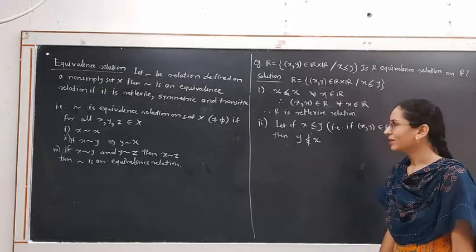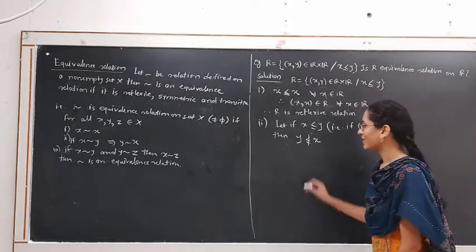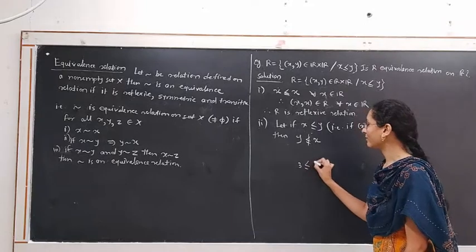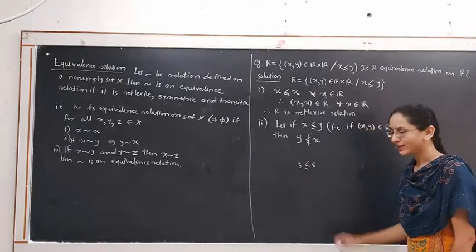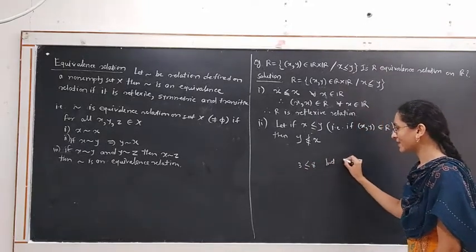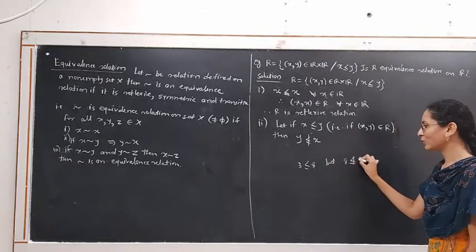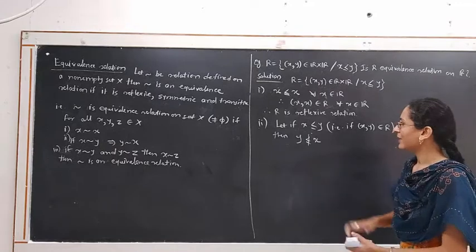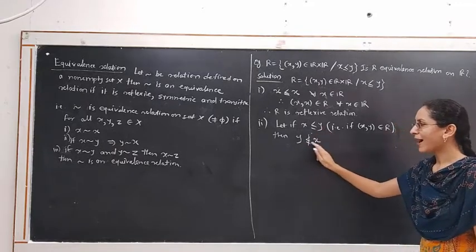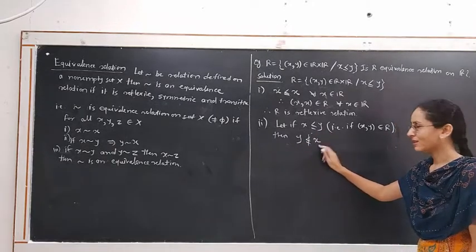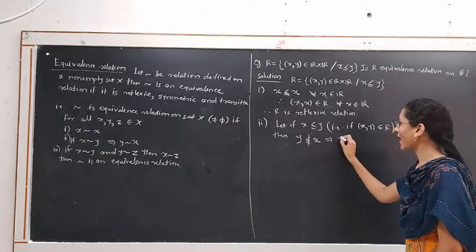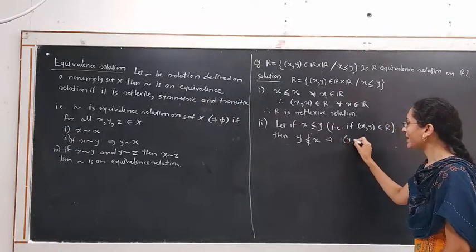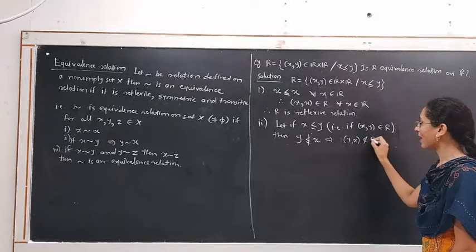If one real number is less than or equal to another, for example 3 is less than or equal to 8, but we cannot say that 8 is less than or equal to 3. Hence, if x is less than or equal to y, then y is not less than or equal to x. This implies the ordered pair (y, x) does not belong to R.